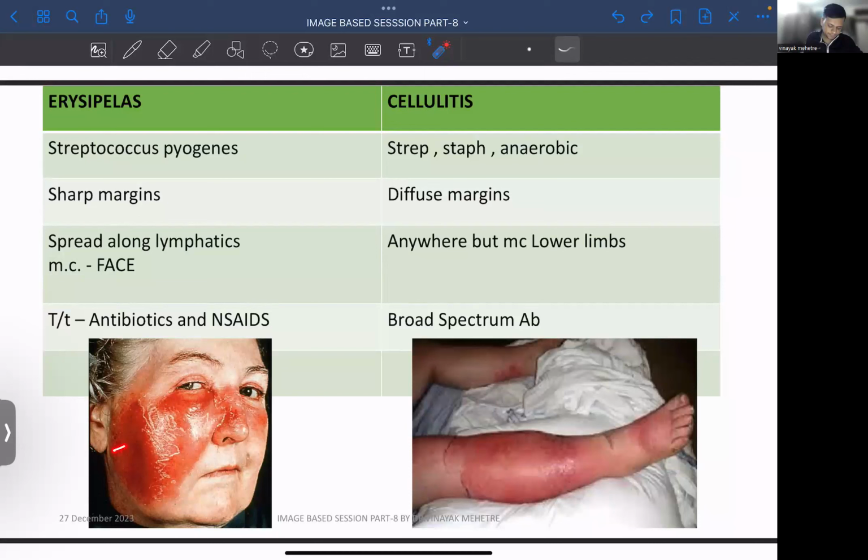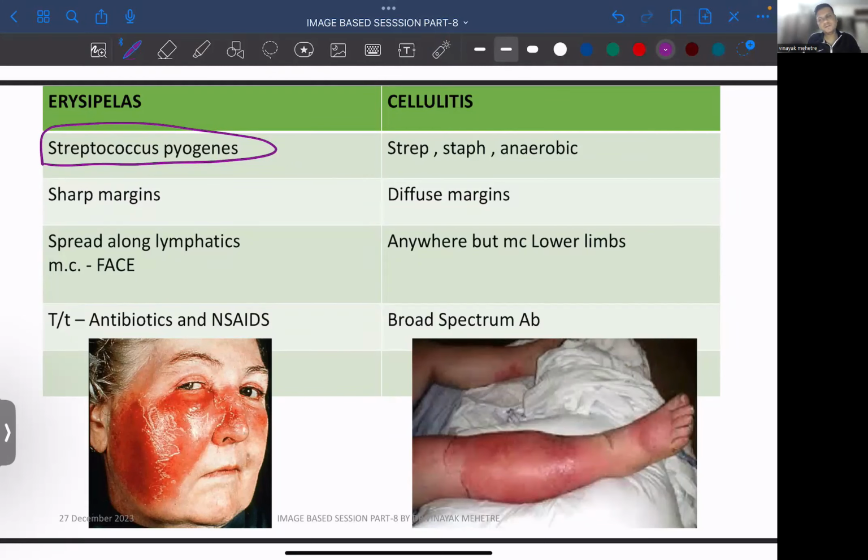This is red. Okay, there is one more port wine, right? Caused by Strep pyogenes. Caused by Strep pyogenes.